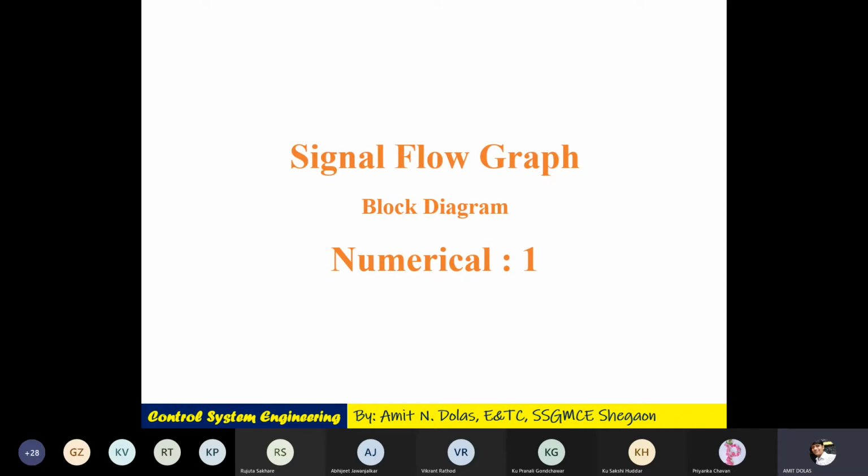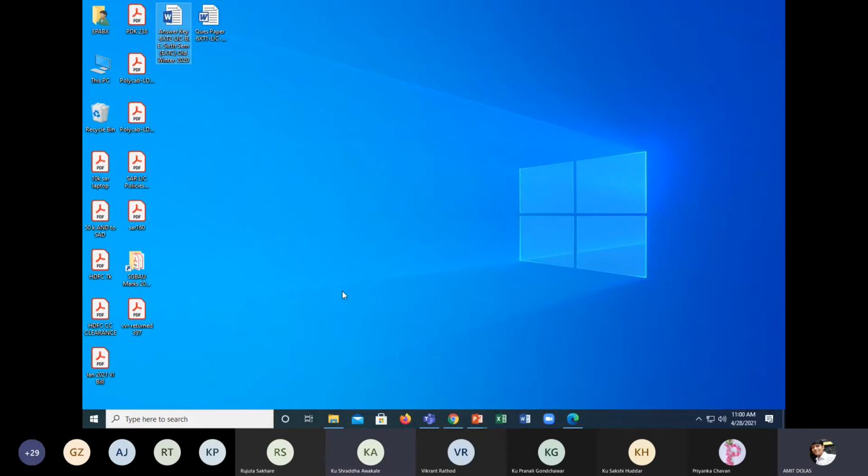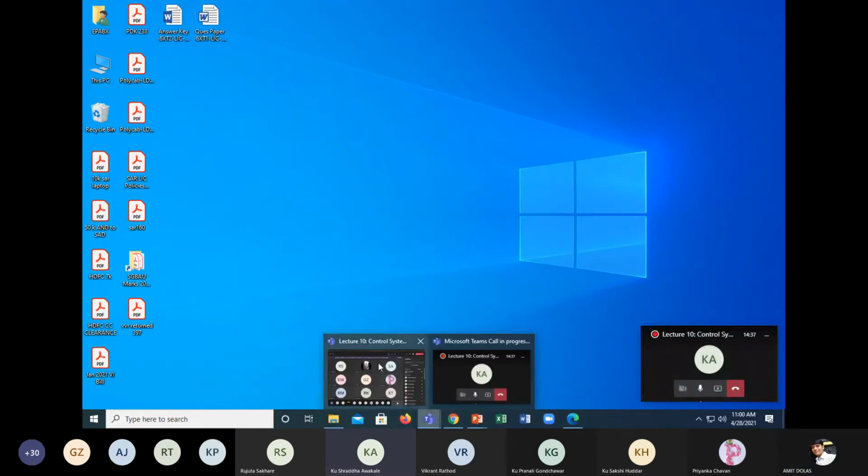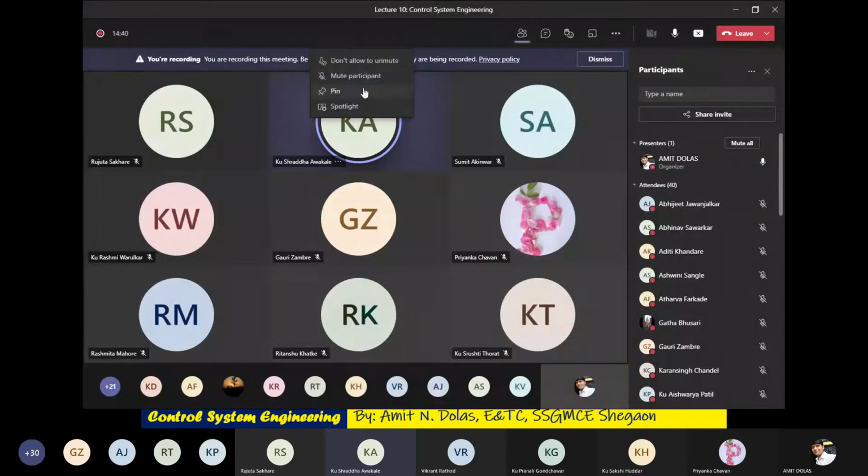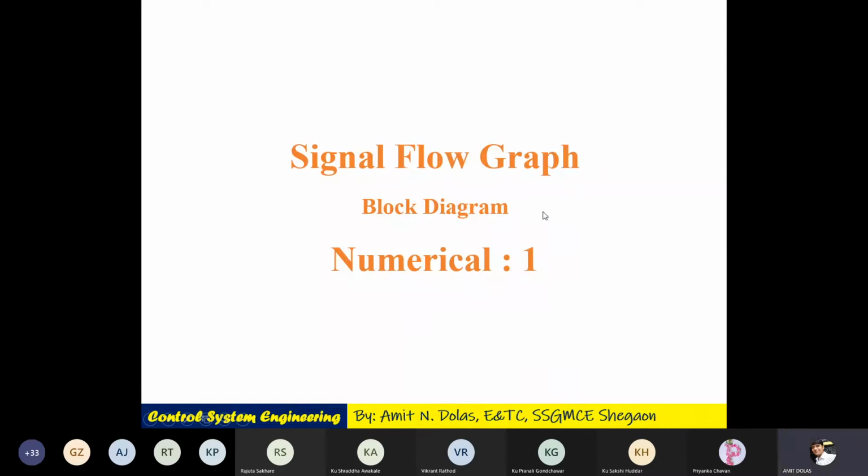Only the single Mason's gain formula is sufficient. And this signal flow graph can be used for a block diagram, as well as if you have an algebraic equation, we can use that.